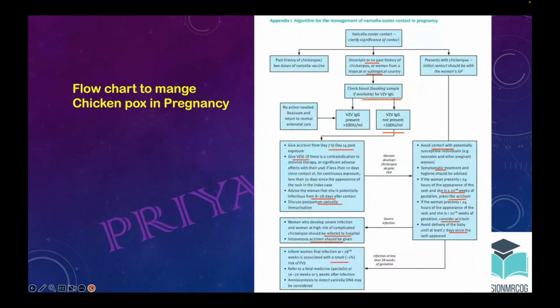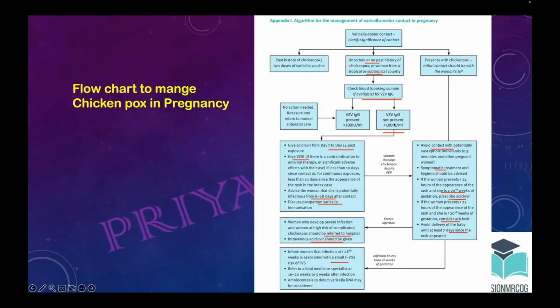So the patient has had a varicella zoster contact. First, history is taken. If she has no history, if the history is uncertain, or if she is from a tropical or subtropical country, blood is checked for varicella zoster IgG. If IgG is more than 100, then your patient can be reassured.